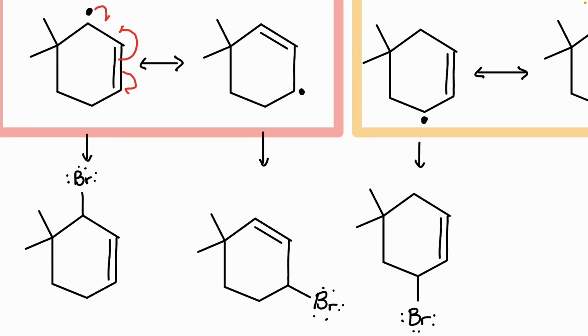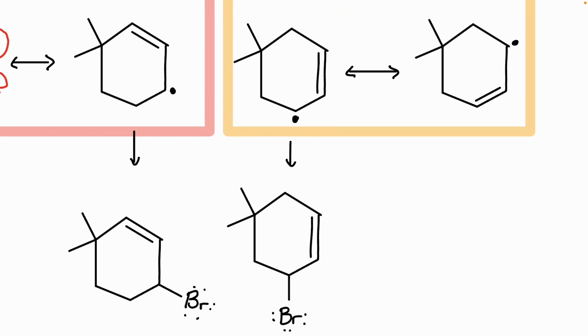All right, I got to do the same thing for the other allylic position. This also can have this radical moving around, which will then, of course, lead to yet another product here.